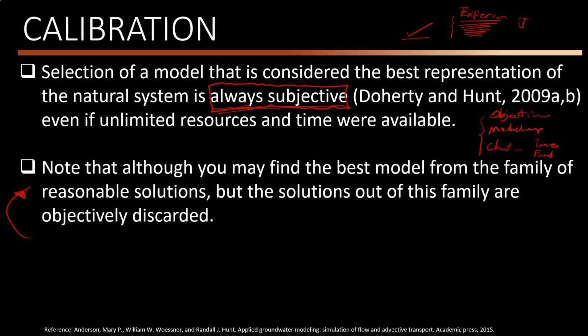But it is very important to pay attention to this fact: although you may find the best model from the family of reasonable solutions that you have determined, this process is subjective.